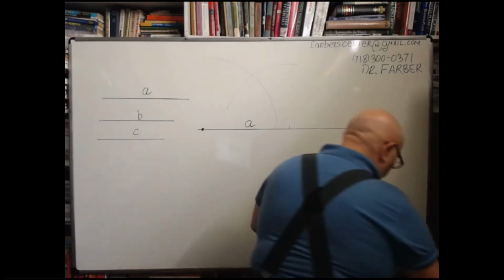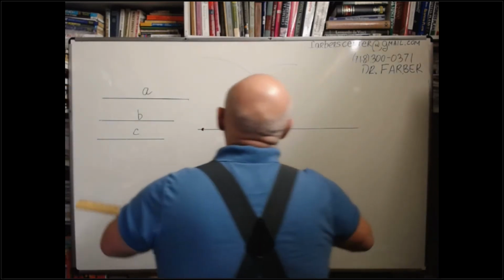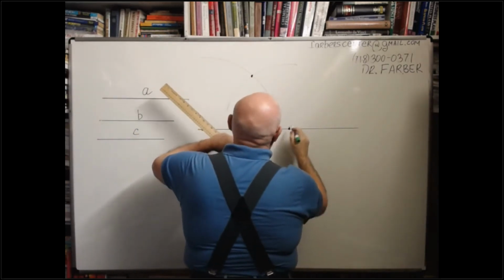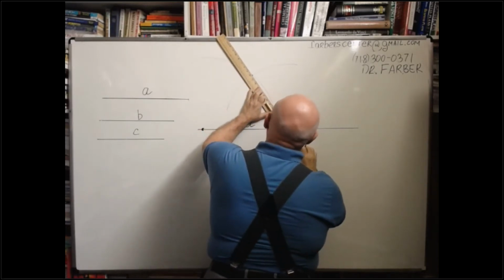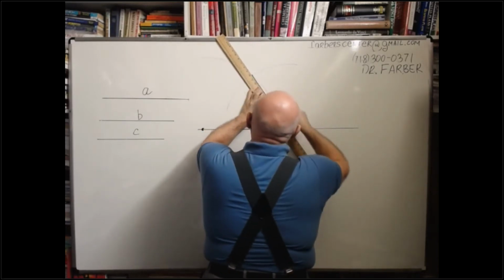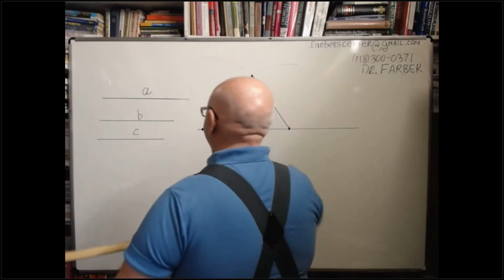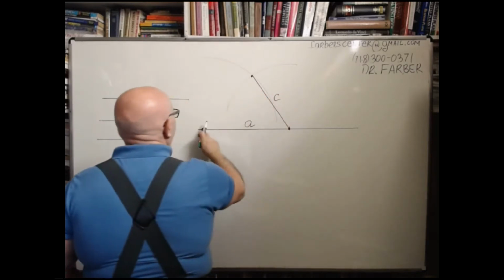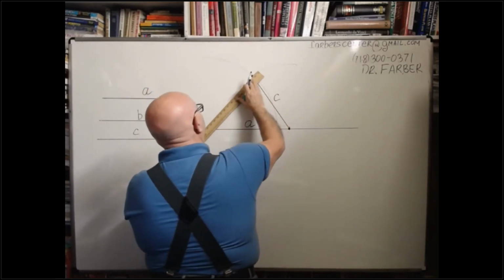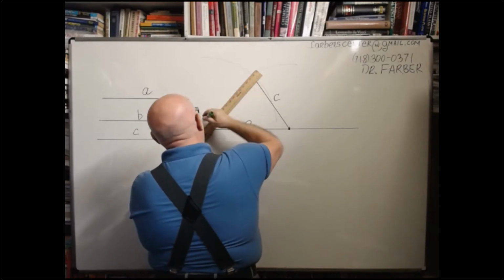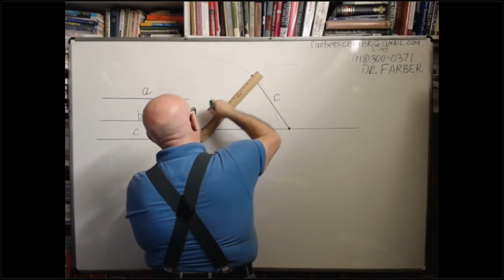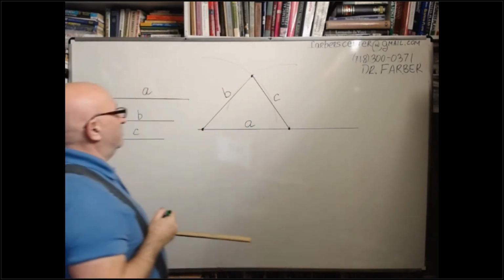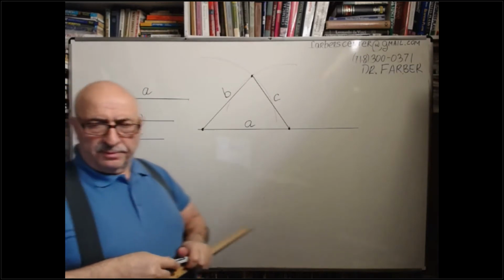After that, I take a straight edge and connect this point of intersection. This and this point, if I connect them, I will get C. And this and this point, when I connect, I get B. So analyze what you get to understand this step.